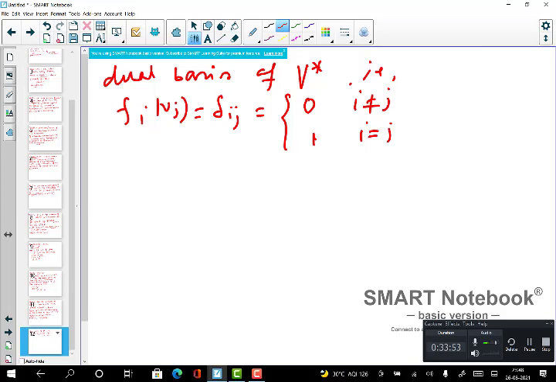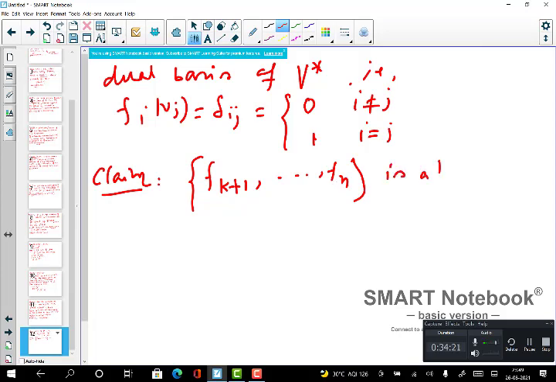So I choose a dual basis, and now I'm claiming that after that kth position, so now what is our claim? Our claim is that f1, f2, up to fk is okay, but if you choose fk plus 1 up to fn, this is a basis for W naught, the annihilator of W. This is our claim.